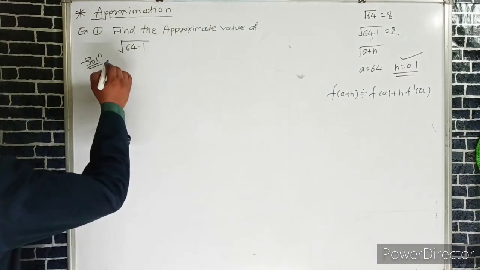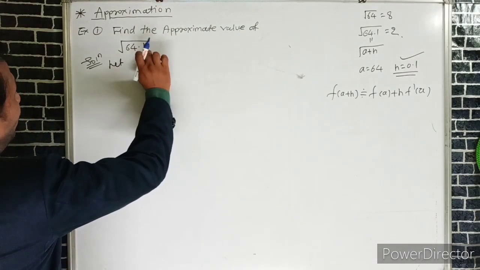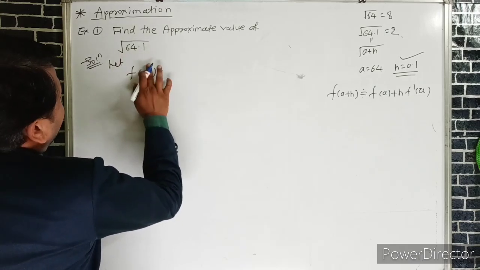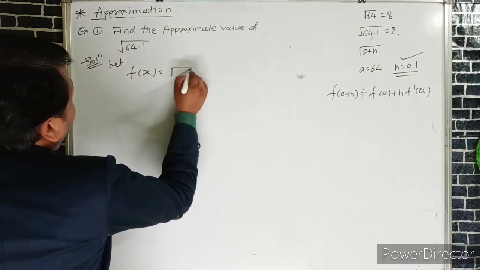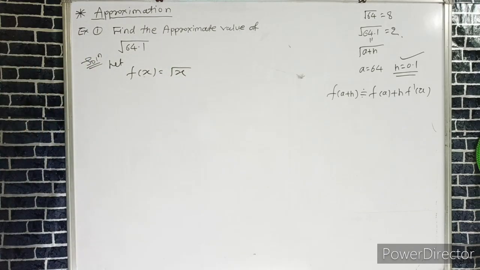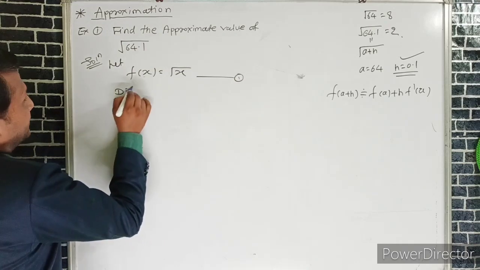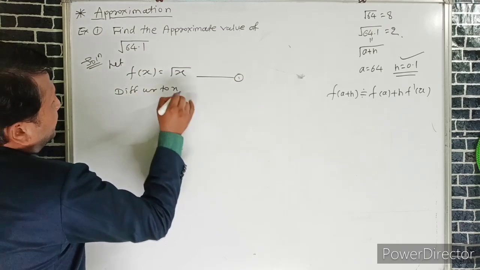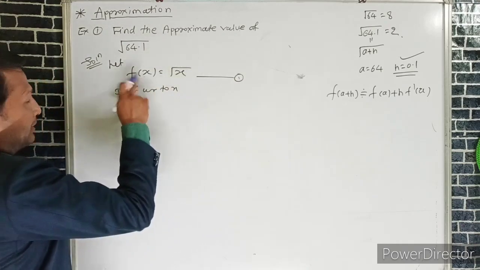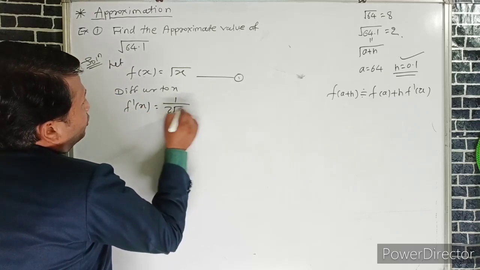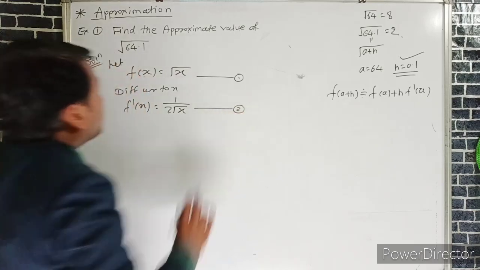So first we consider let the whole function f of x is equal to under root x, which is equation number 1. If we differentiate with respect to x, then we can write the derivative of f of x, which is f dash of x, equal to 1 upon 2 root x, equation number 2.